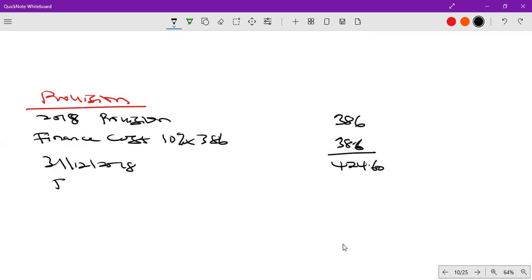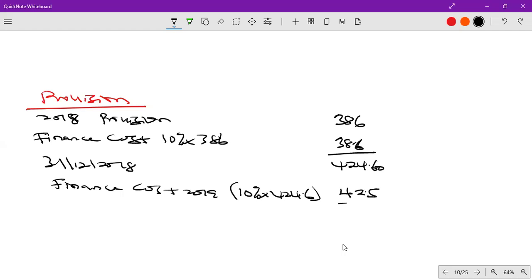Finance cost for 2019. What will be the finance cost for 2019? The same 10% times what? 424.6. How much would that be? 42.46. 42.5.